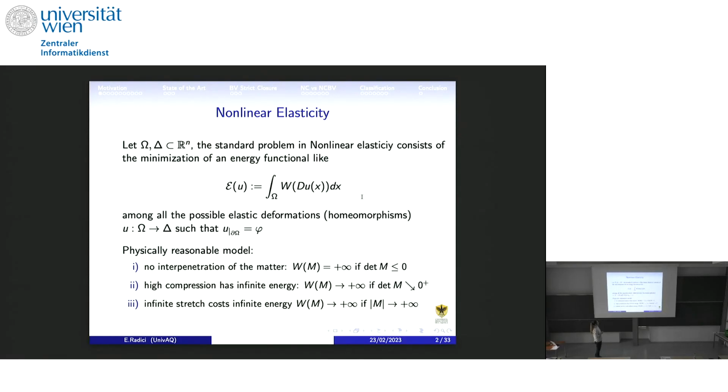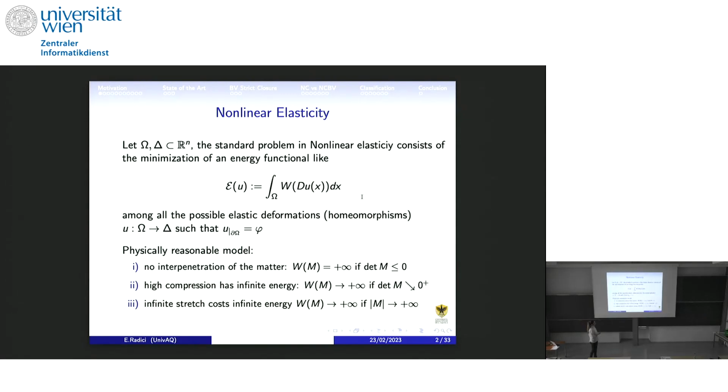The first request you make is the non-interpenetration of the material. So at least you have to require that your density blows up when you want to self-intersect, when you are no longer orientation preserving. And then you want to penalize optimal configurations having extreme situations like too high compression or infinite stretching.